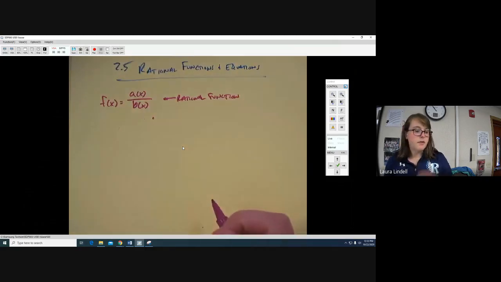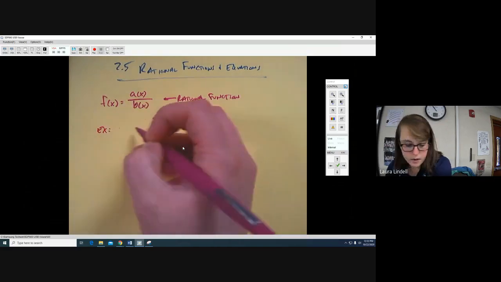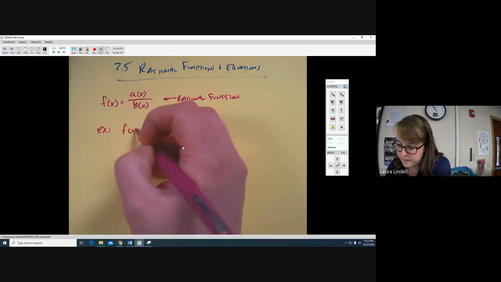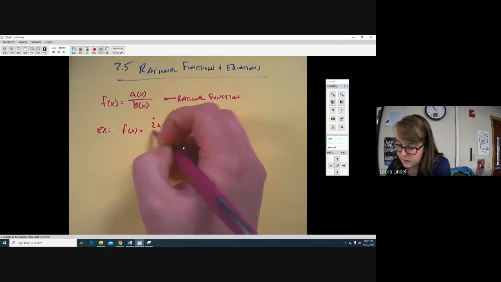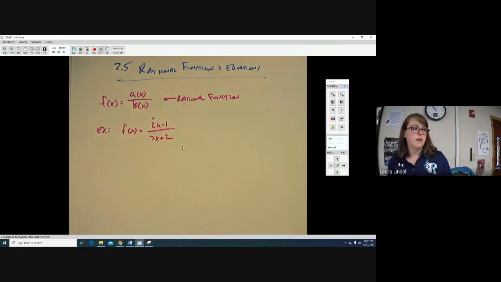An example of a rational function would be something like this. So we have something involving x on the top, something involving x on the bottom. And what we want to be able to do is take something like this and calculate the asymptotes.